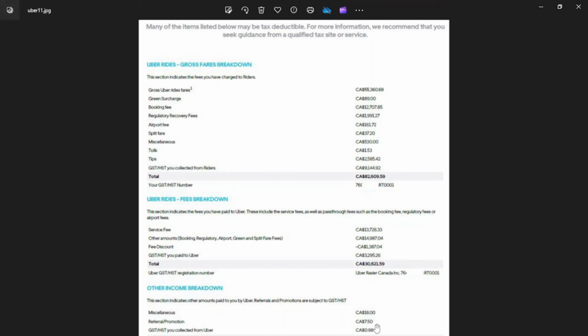Referrals: some drivers started driving Uber because of a referral, and Uber gave you a referral fee. And this is the HST that you collected on any of the miscellaneous or other incomes that you made. So this is another total. These are definitely going to be a part of your earnings.